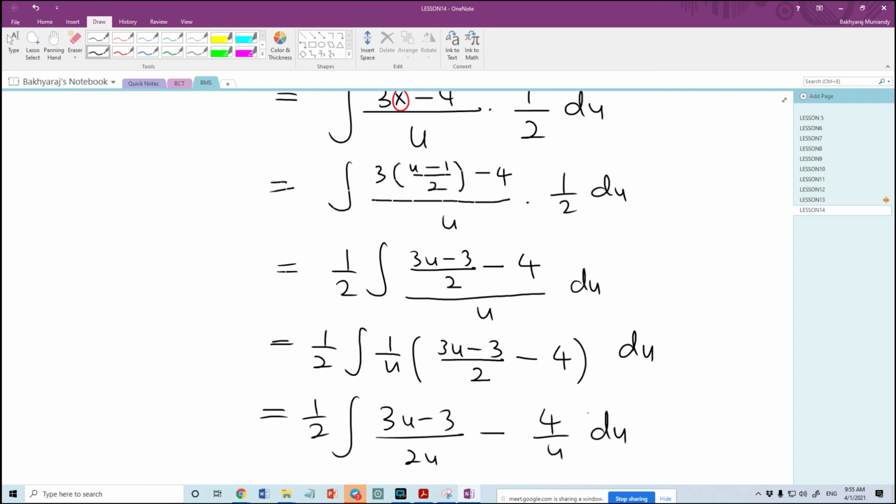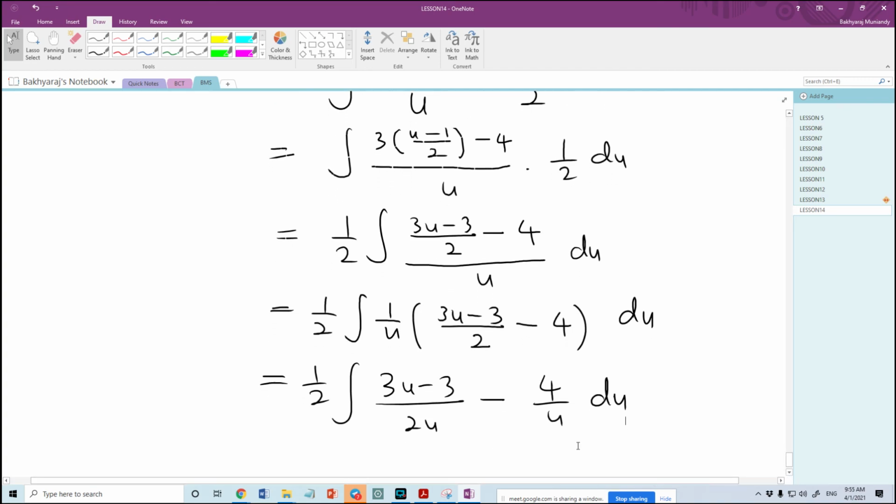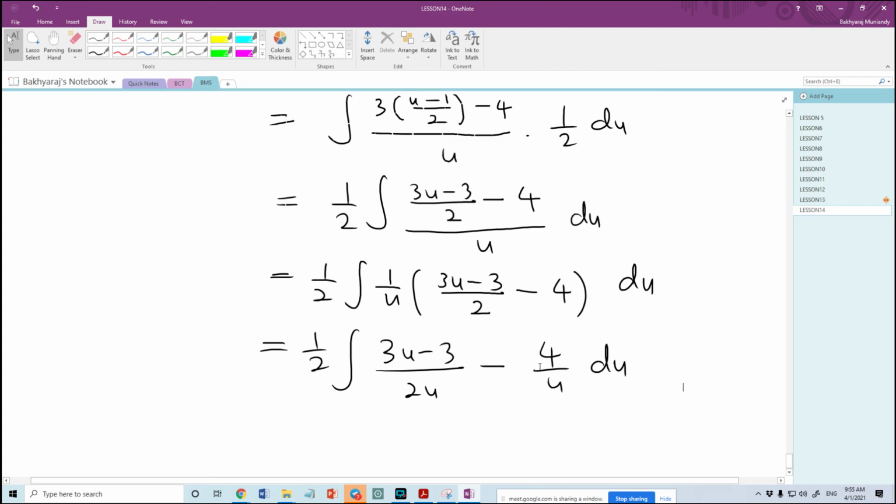What is our next step? Next step, I think better we split the fraction, right? We split the fraction because for u of course you can integrate, but this part you cannot integrate, so better we split the fraction.